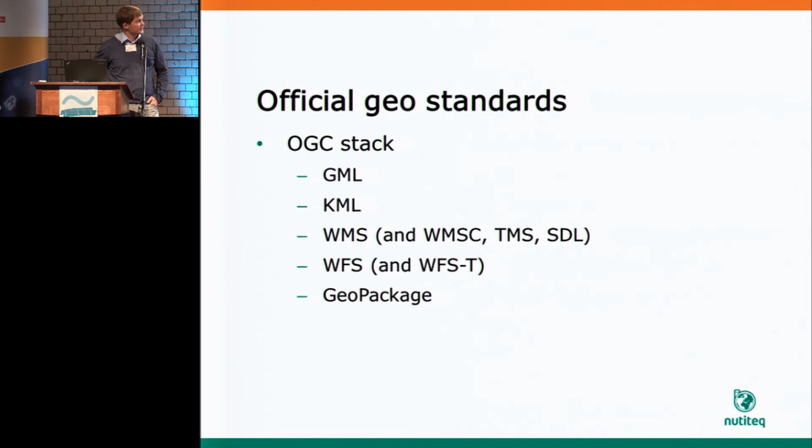So what are the standards right now? There are some established formalized standards, mostly OGC things, like GML for map data, WMS for map images, WFS for vector map data, and some derivatives and extensions of that. Most recent is GeoPackage from this stack.